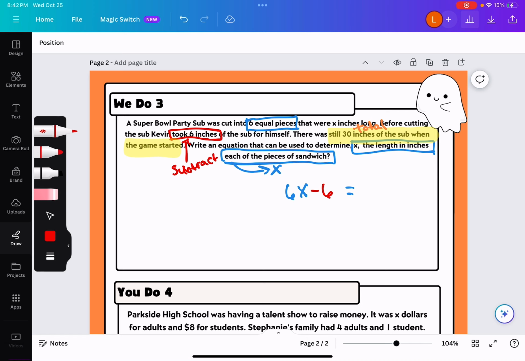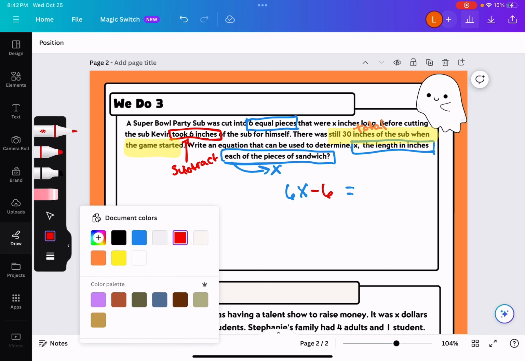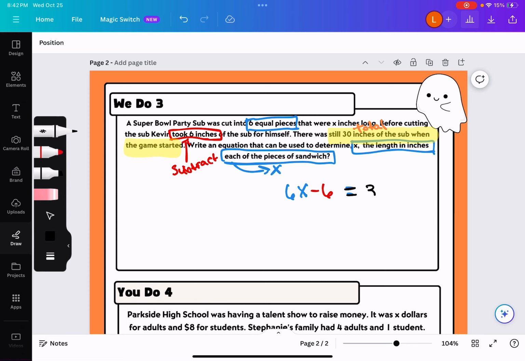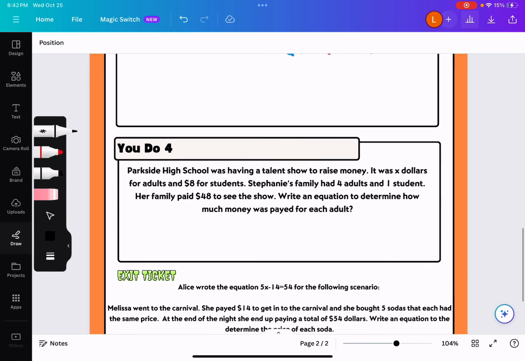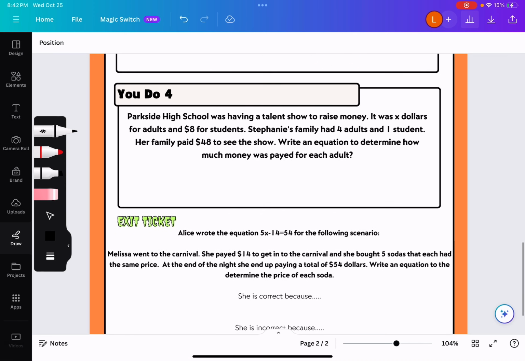And then if there was still 30 inches left of the sandwich, that is your total. Okay? And today you're simply writing, so you're just writing the equation, you are not solving. Okay? So this is your you do.